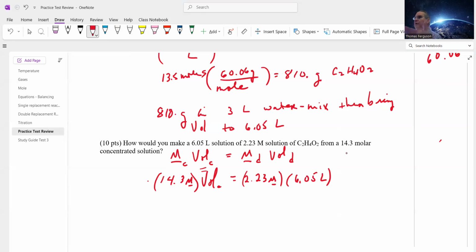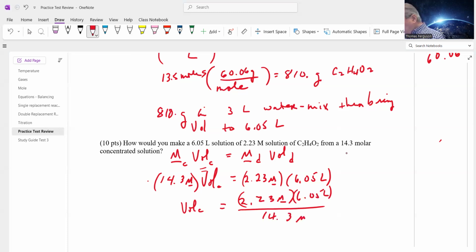Okay, and this comes from moles equals moles. What we don't know is the volume of the concentrated. So the volume of the concentrated is equal to 2.23 times 6.05 liters all over 14.3 molar. That cancels, leaves us with the volume of the concentrated stuff.